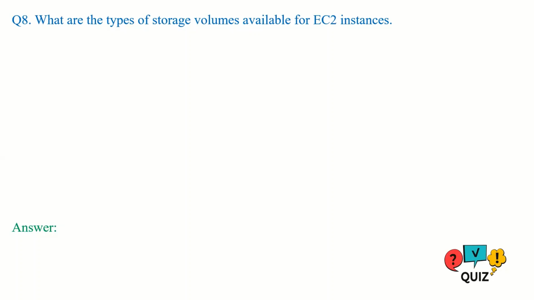What is the default hard disk storage that gets added to your virtual machine? The 30 GB in a Windows environment, 8 GB in a Linux virtual machine. What is that volume called? Storage type. EBS and instance storage. That's correct.